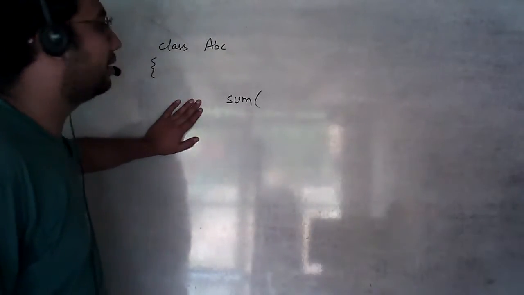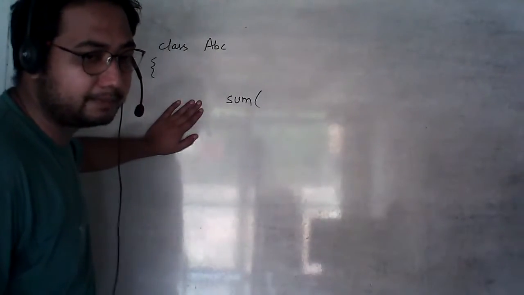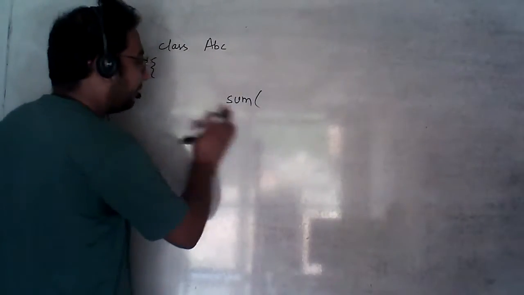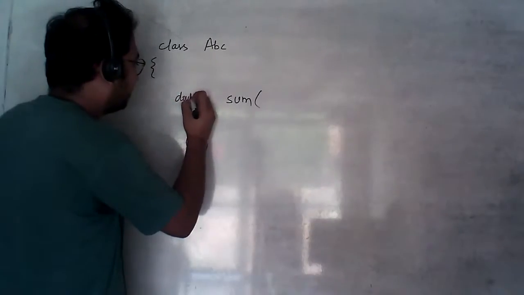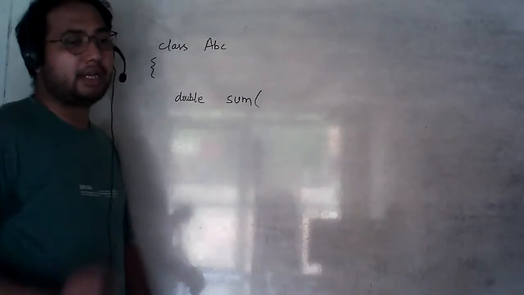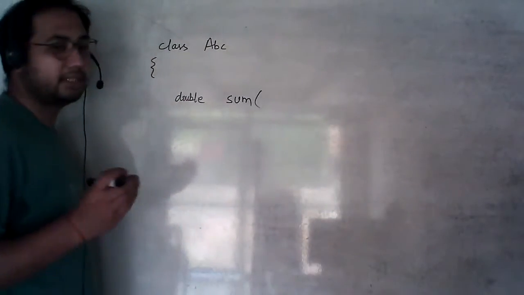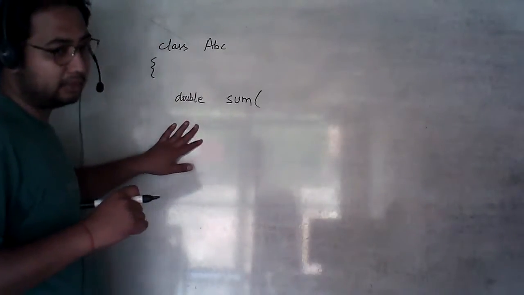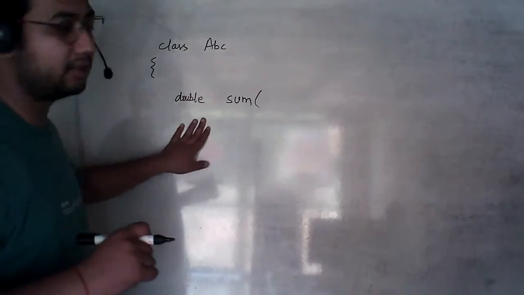If you want to return a double type of value, then the return type should be double. So here, if I want to return a double type of value, then I will write double over here. It means that whenever I use this function, it will return a double type of value. Means it will return a floating value, and it is the compulsory part. The return type is necessary to write before declaring the function.